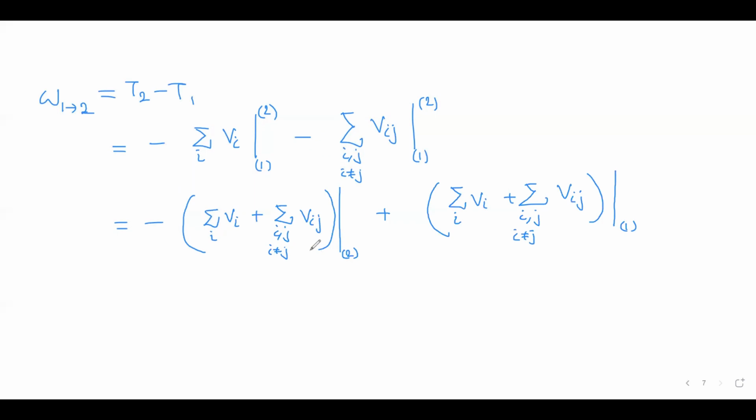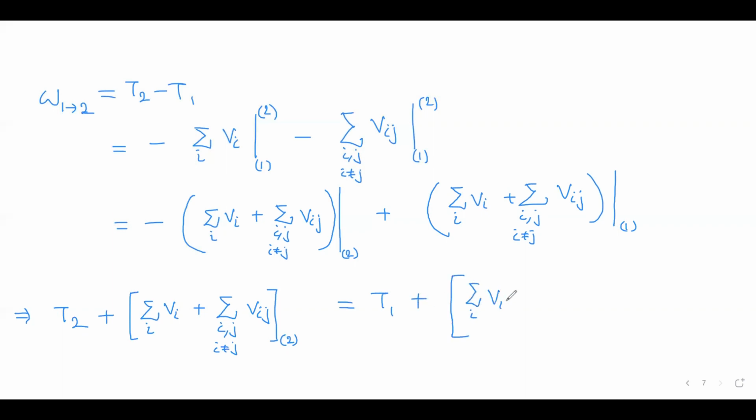Now if I take T1 to this side and this term to this side, we will get T2 plus sum over i Vi plus sum over i comma j, i not equal to j, Vij at point 2 is equal to T1 plus sum over i Vi plus sum over i comma j, i not equal to j, Vij at point 1. Let's call it equation 5.